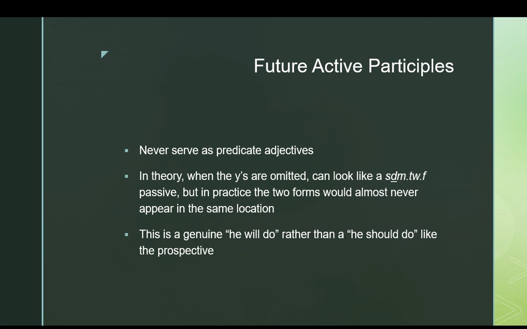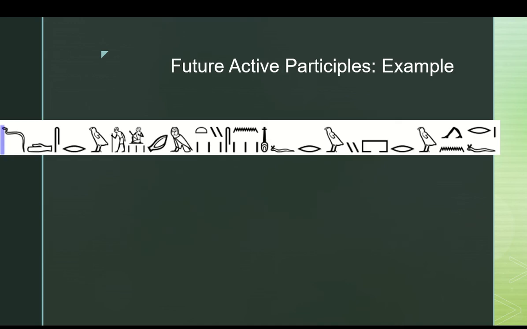So do not worry about that. And then we do have actually a good example for our future active participle. I only took part of it because both of the examples that were given were very long. It would just be like substantially too much.